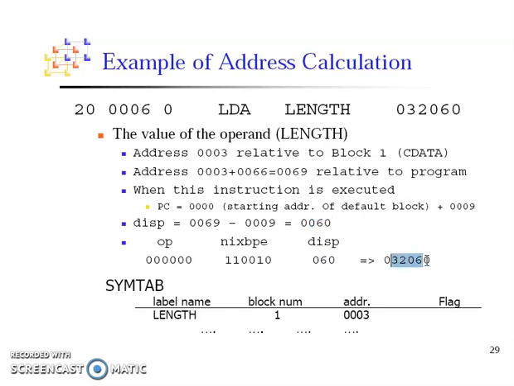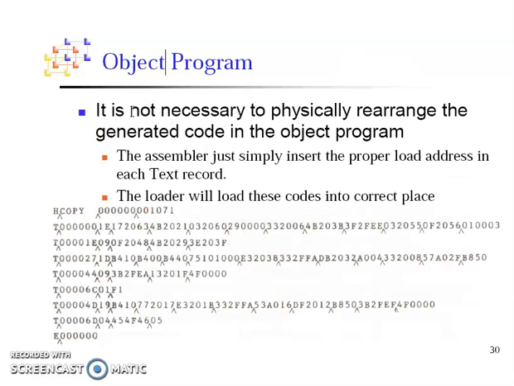Hence you will get the result as 032060. Similarly, we will be able to generate the object program for each program block.